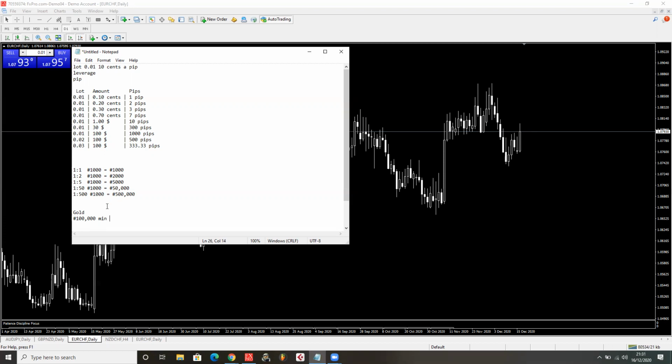But what tends to happen is that when the market moves against you, in a few amount of pips, your account is gone. So it's equivalent to 100,000. Let's say you traded the market with 0.01 and you were making 10 kobo a pip.